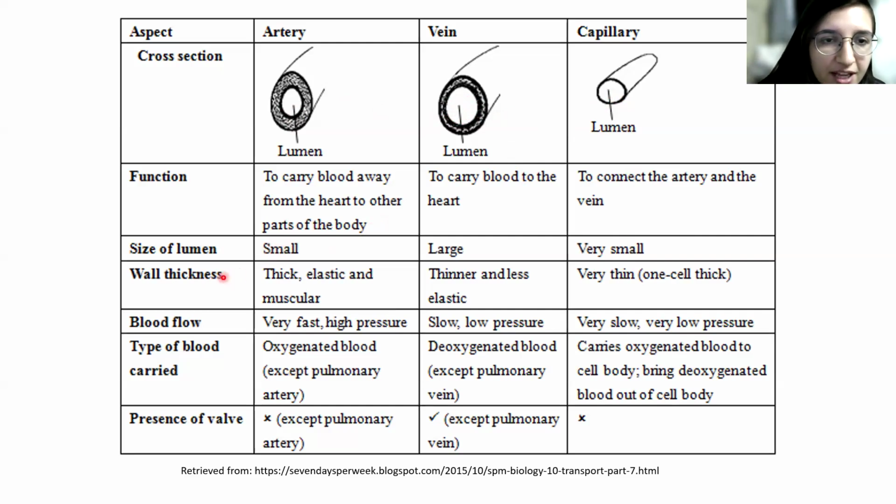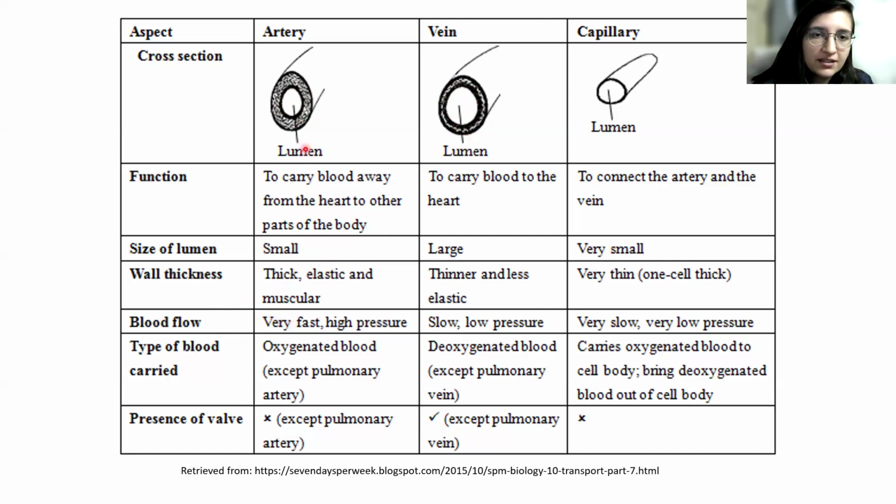Then look at the thickness of this wall here. This is quite thick. Researchers, scientists and doctors have also studied that artery walls are elastic and muscular, but for veins the wall is very thin and less elastic.